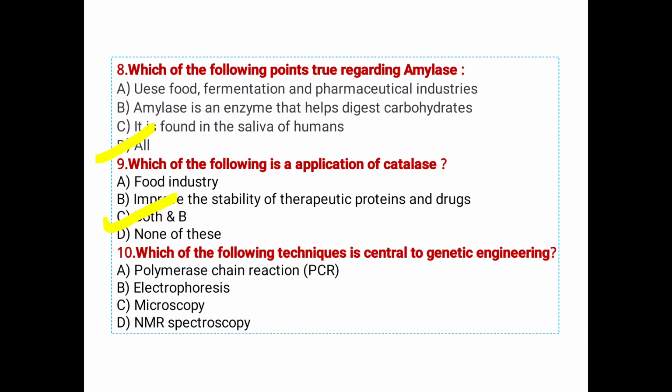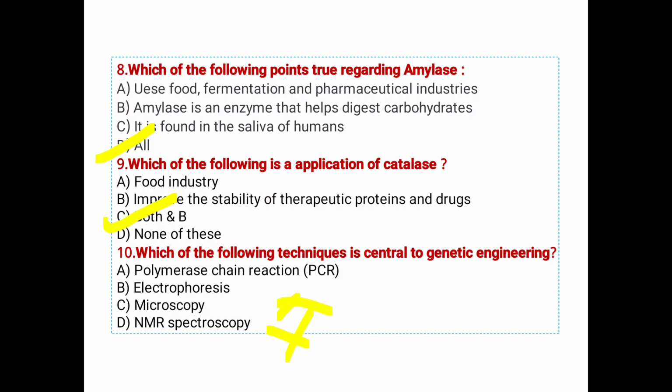Next, which of the following techniques is central to genetic engineering? Option A, polymerase chain reaction; B, electrophoresis; C, microscopy; and D, NMR spectroscopy. Microscopy is for identifying particle size. NMR spectroscopy provides signals, the frequency of molecules. So these two options are cut.